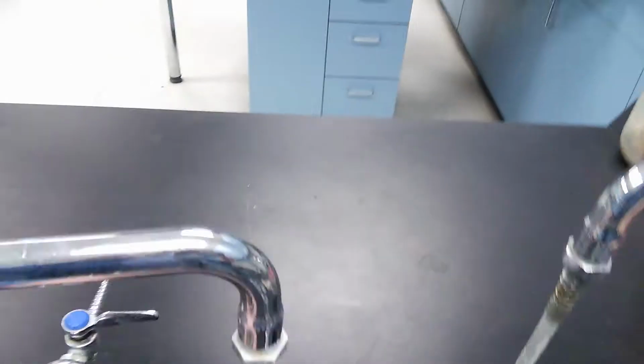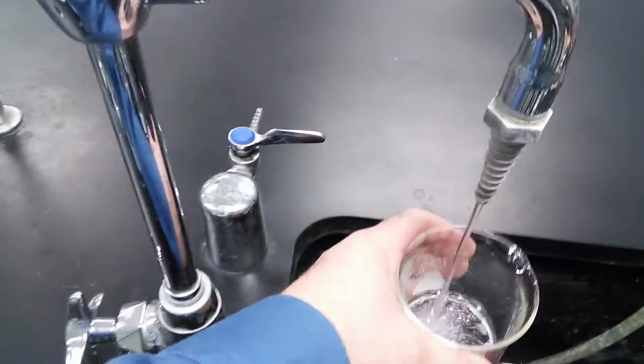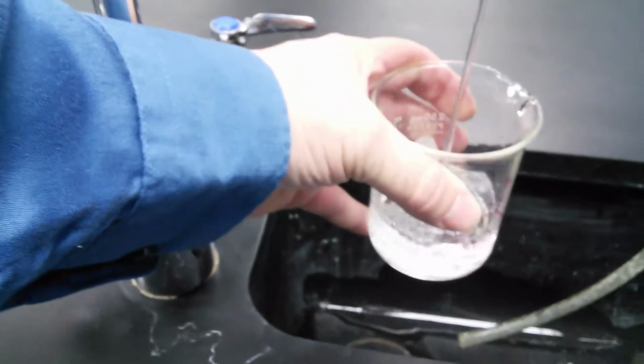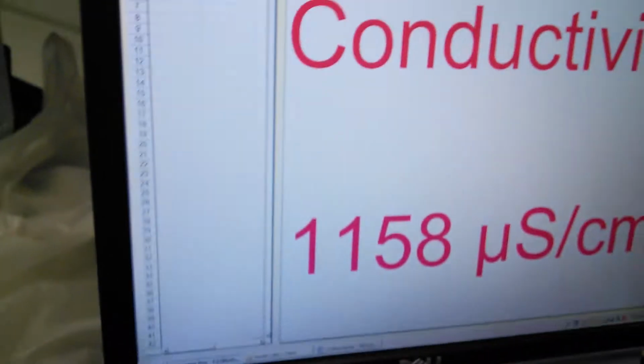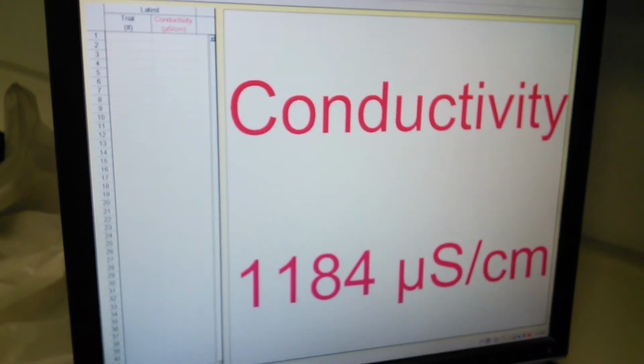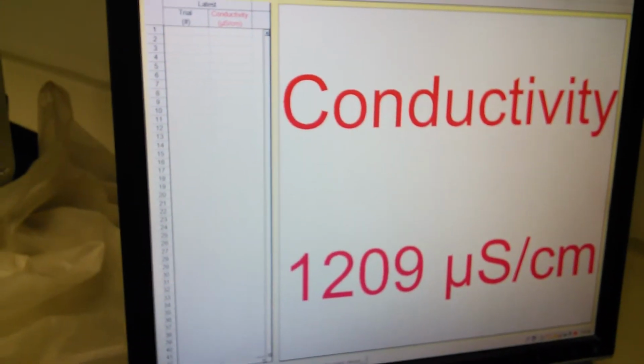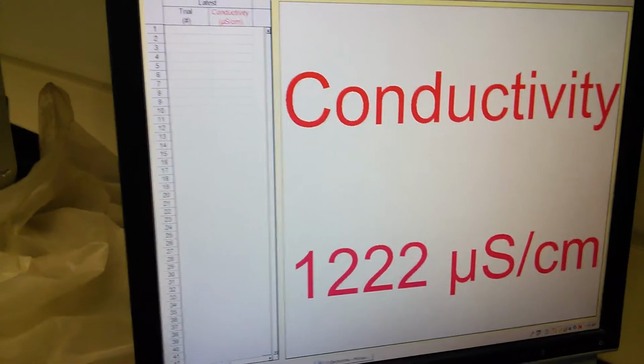Actually, I'd inadvertently put distilled water on there. Okay, there's some tap water. Let's try that. Quite a bit different. We have high mineral content in our water here where this video is being made in Fallon, Nevada.